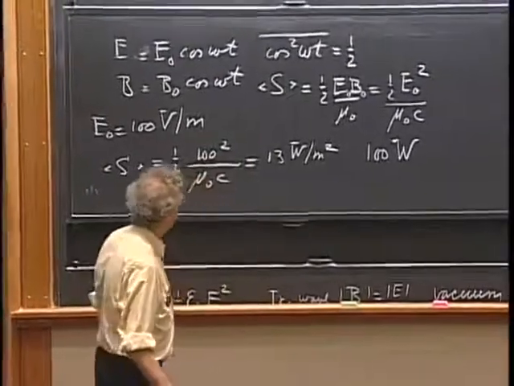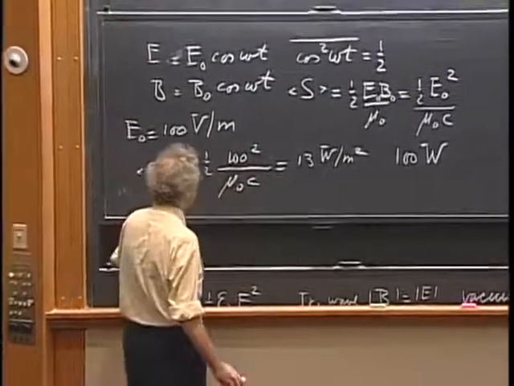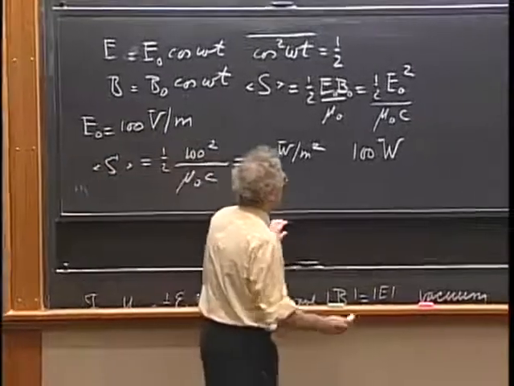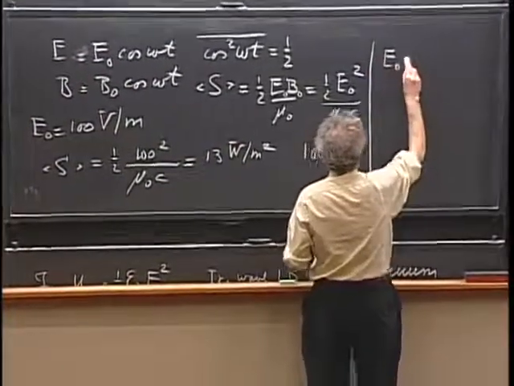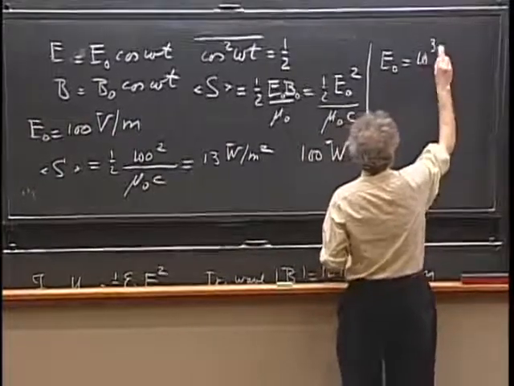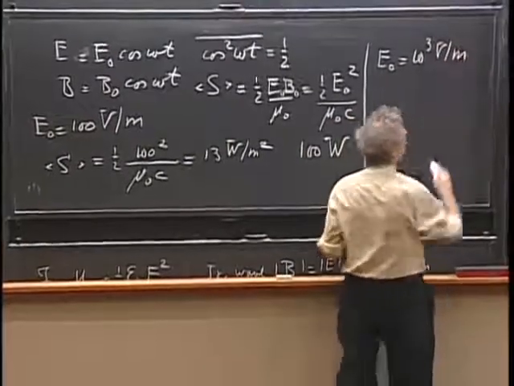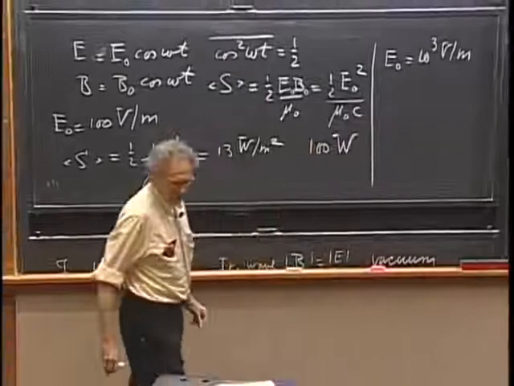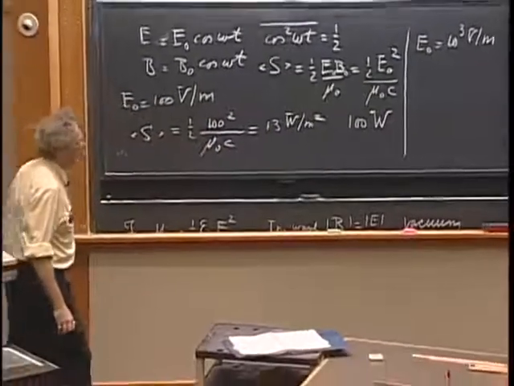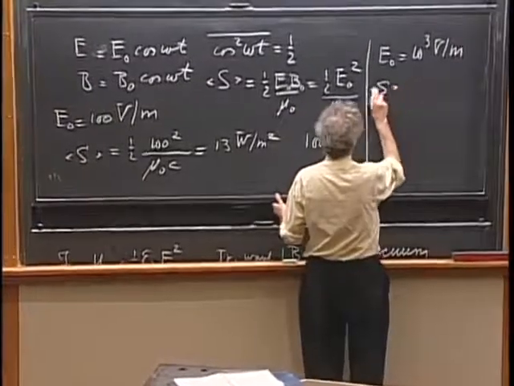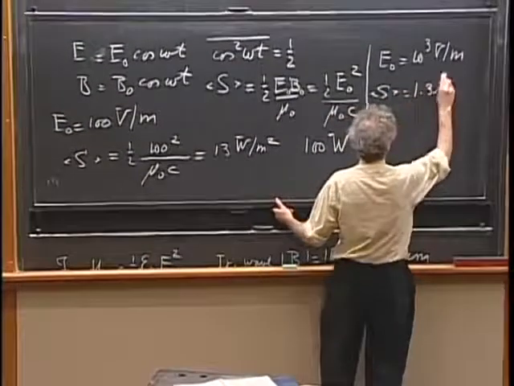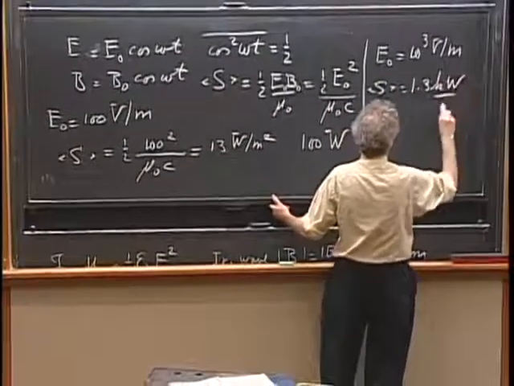That will not affect you in any way. But let's now take a situation that we have E0 equals 10 times higher, which is 1,000 volts per meter. Now the Poynting vector goes up by the square of E. So now you're going to get that the mean Poynting vector is 1.3 kilowatts per square meter.